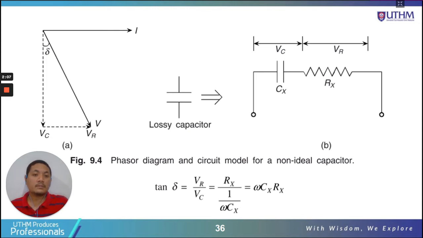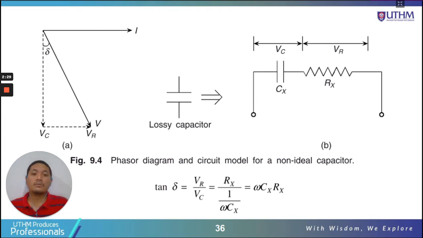Phasor diagram and circuit model for a non-ideal capacitor. In the previous video, I showed you R and C in parallel, but in this case it is C and R in series.